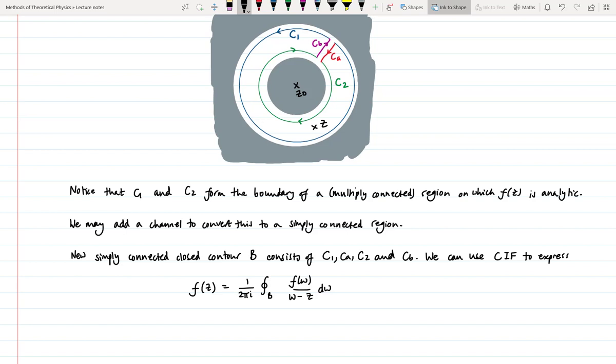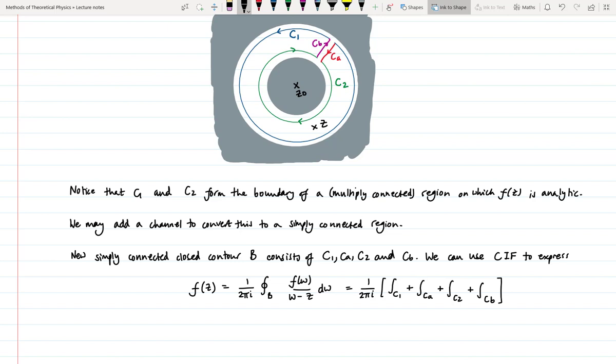We can write this out as 1 over 2 pi i, and then the sum of the contributions along the different paths making up the closed contour B. So this would be the integral along C1 plus the integral along CA plus the integral along C2 plus the integral along CB. As I said earlier, we can take the narrow channel limit, where now the contribution along CA will be equal but of opposite sign to the contribution of the integral along CB.